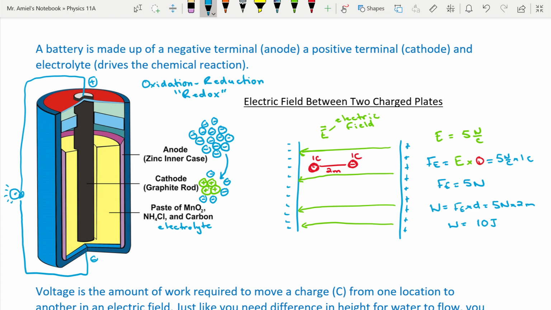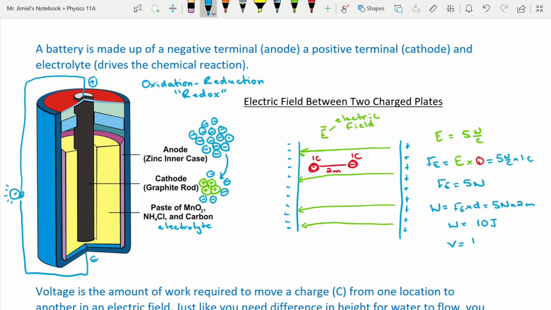Now, what we're interested in, and I've made this just 1 coulomb again, and you'll see that that's really easy because what we might like to know is how many joules will it take to move that coulomb, the 2 meters. So we're interested in joules per coulomb. So that is actually voltage.